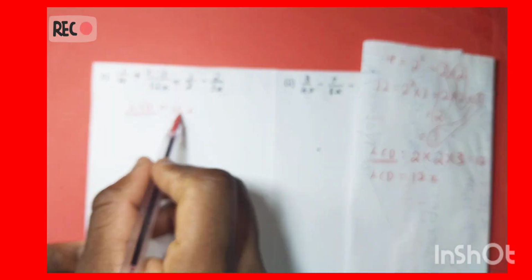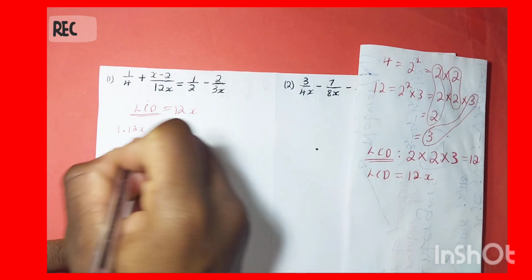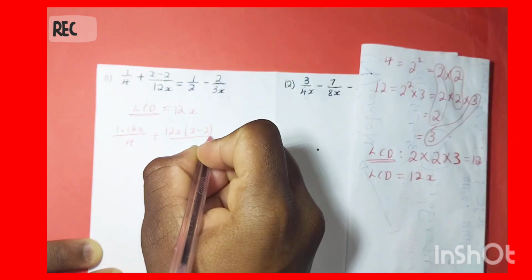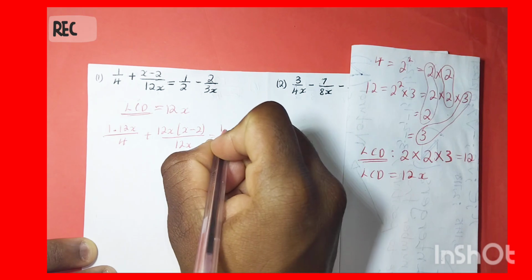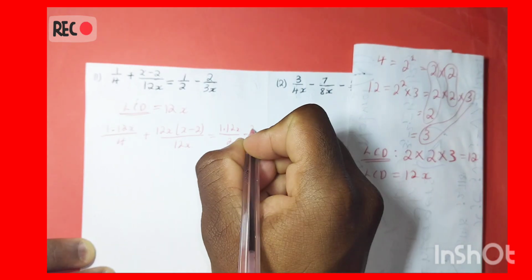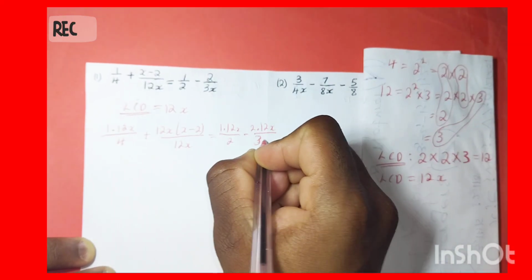It means 1 multiplied by 12x divided by 4, plus 12x multiplied by this thing divided by 12x, which is equal to 1 multiplied by 12x divided by 2, minus 2 multiplied by 12x divided by 3x.